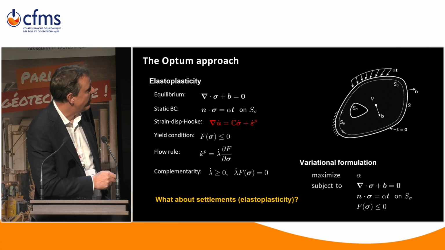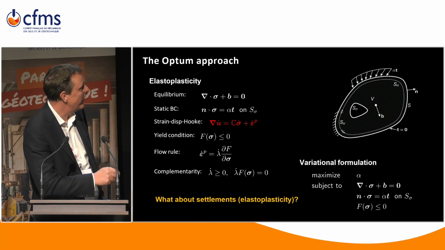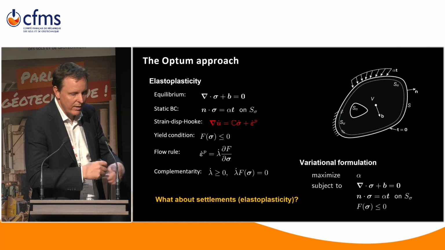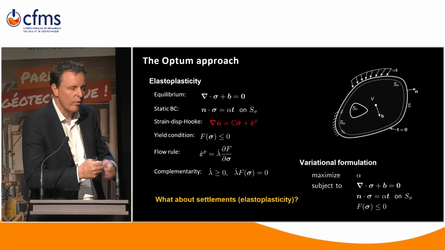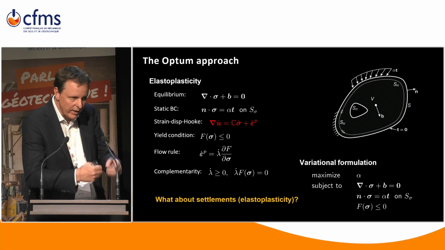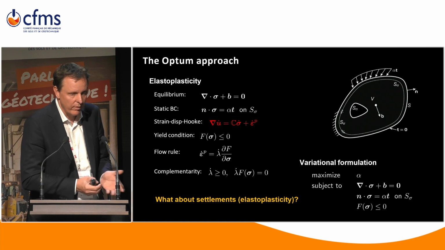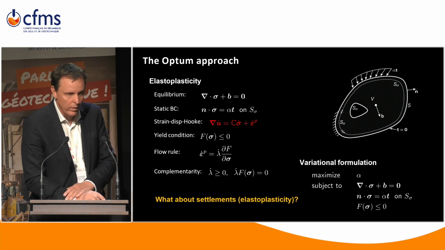But if you take the plastic potential and approximate the yield condition by the plastic potential, then you impose the correct flow rule, but you impose a slightly wrong yield condition. We have a paper about it from 2012 where we show that if you do what we call fixed point iteration, so you iterate a little bit, then that works out well, and you get the proper non-associated solutions.